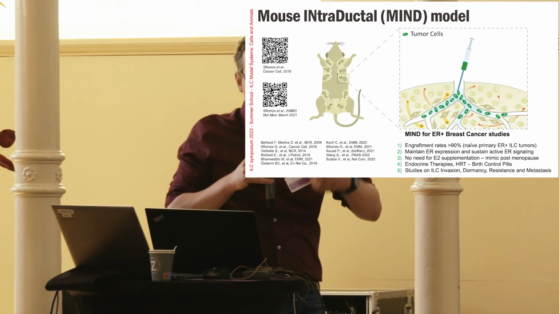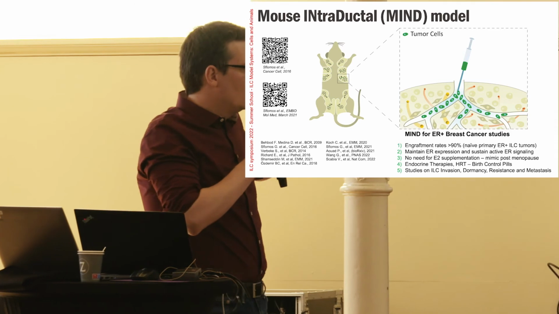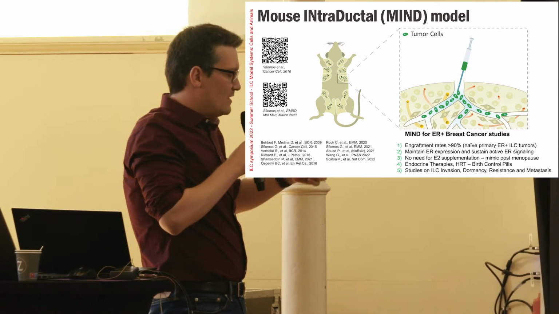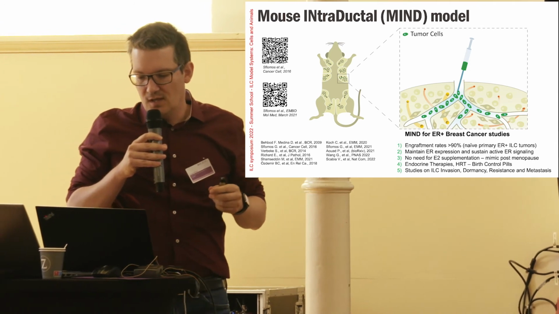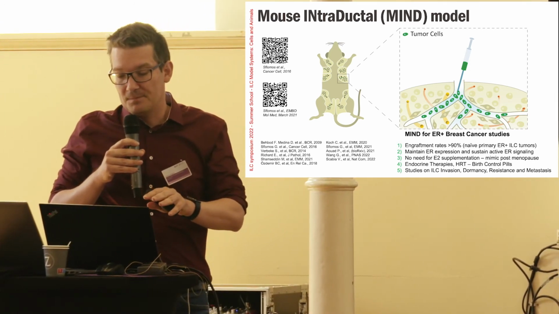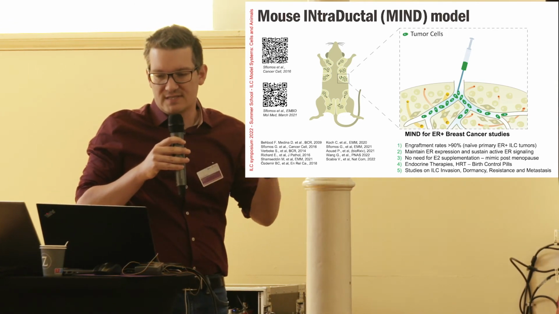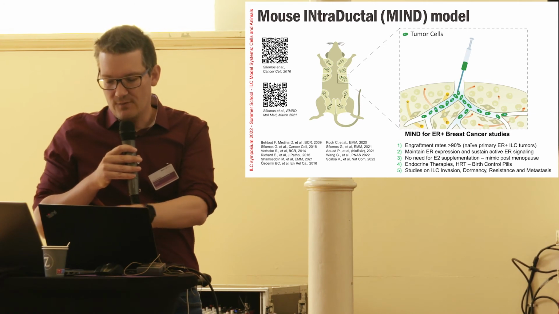So we are able to retain estrogen receptor positivity. And with these methods, you can do the experiment without the need for estradiol supplementation. So you can also perform endocrine studies easily, for example. And I'll show you one example.